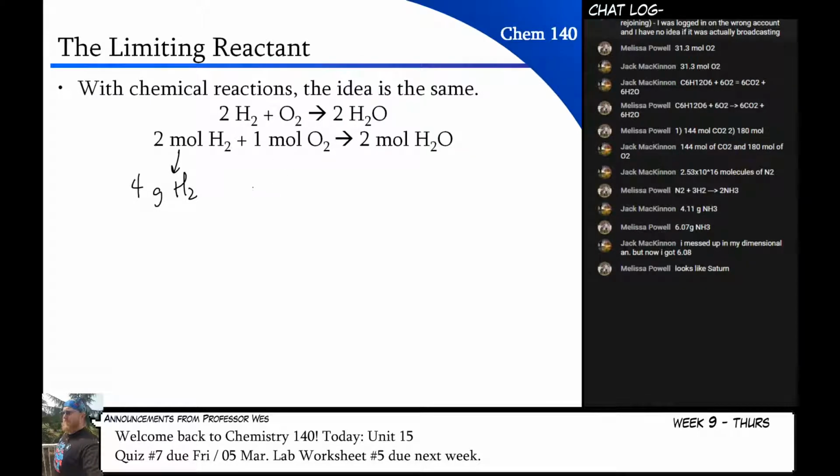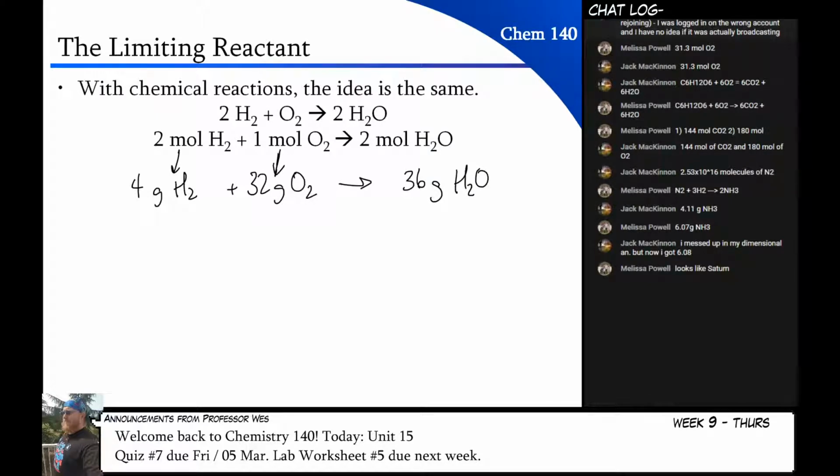And then 1 mole of oxygen would be 32 grams of oxygen. I should make 36 grams of H2O, because of the conservation of mass, right? So if I had these amounts, they would add up to be pretty much exact. I'm doing this to like 1 or 2 sig figs, but that's good enough.